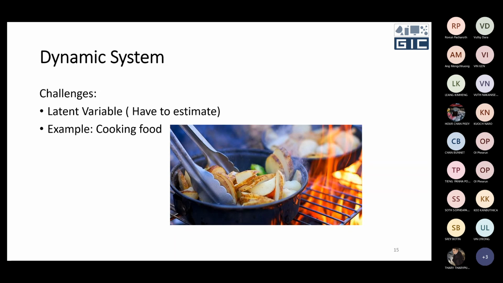For example, if I try to cook a curry, the curry from the first family will use a different amount of ingredients from the second family. So you cannot predict the exact value. You have to estimate it. When you have to estimate it, we also call it a challenge in dynamic systems: the latent variable.